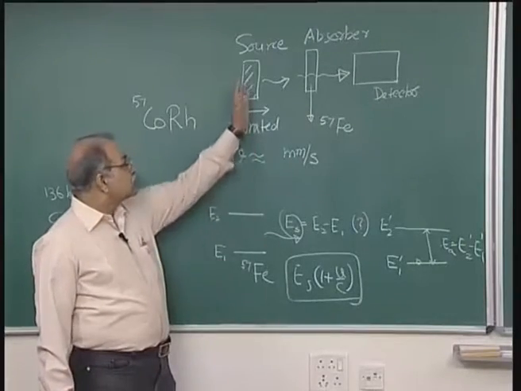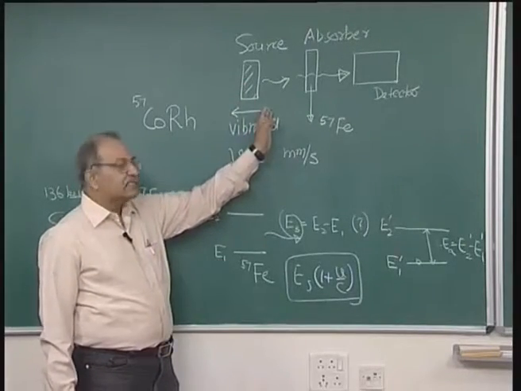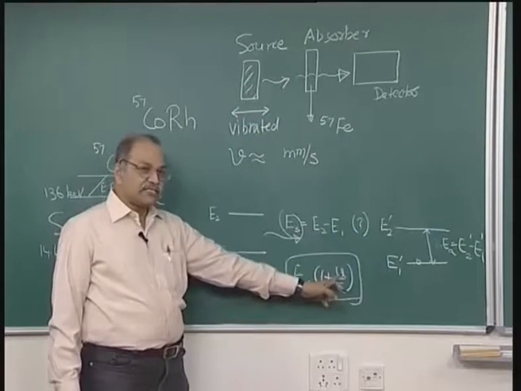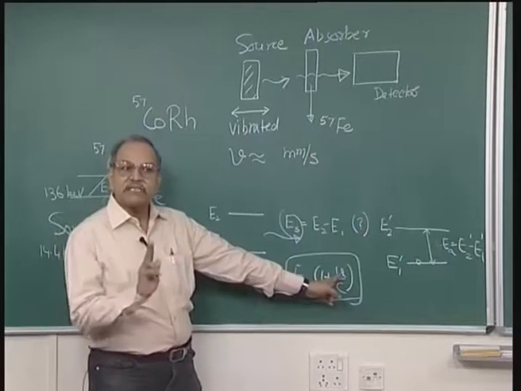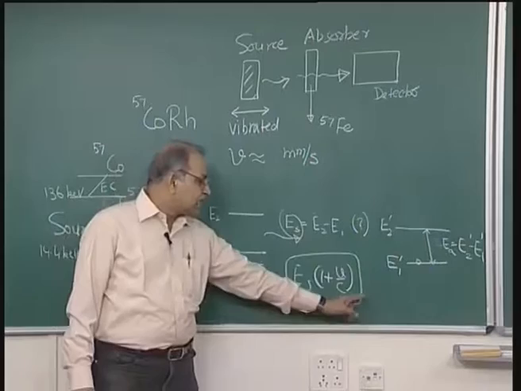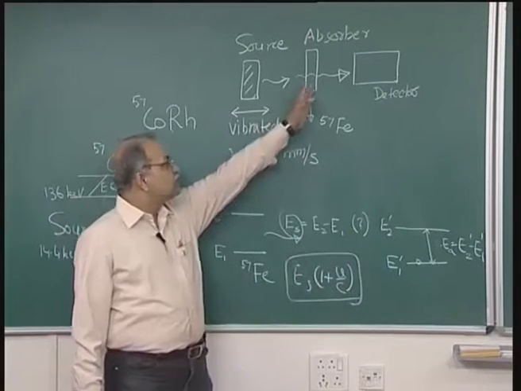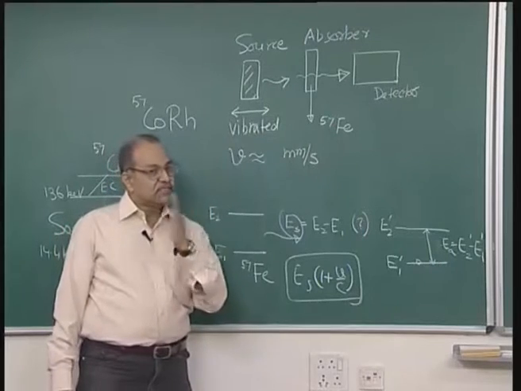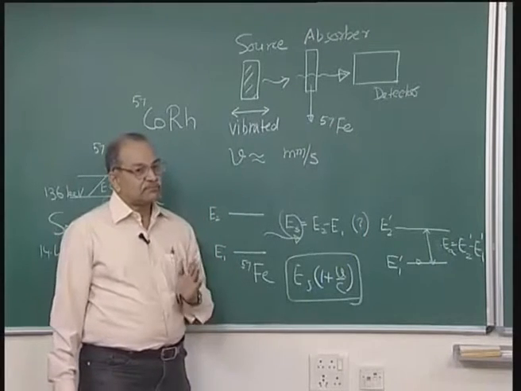As this source vibrates, as a function of time, its velocity changes because it is in oscillatory motion, and when velocity changes, the energy of the gamma ray that is coming to this absorber changes, and it goes from some minimum to some maximum.